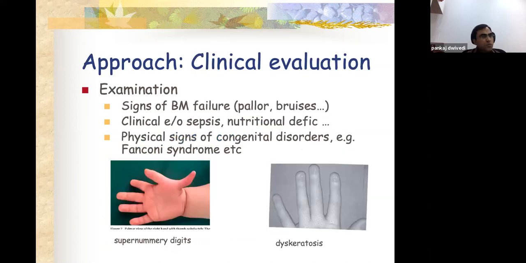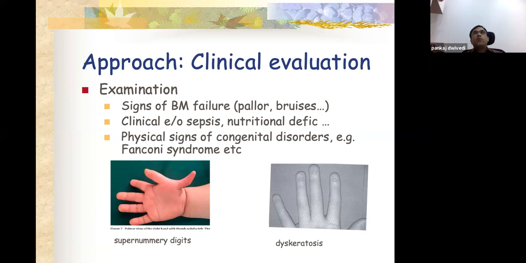Now, when you examine, examination is definitely very important. For example, you find hepatosplenomegaly with a low count and blasts on PS, leukemia is the answer. You don't find splenomegaly and you find pancytopenia, no blasts, you are dealing with some sort of aplastic anemia, though the peripheral smear and further investigation will tell you more.